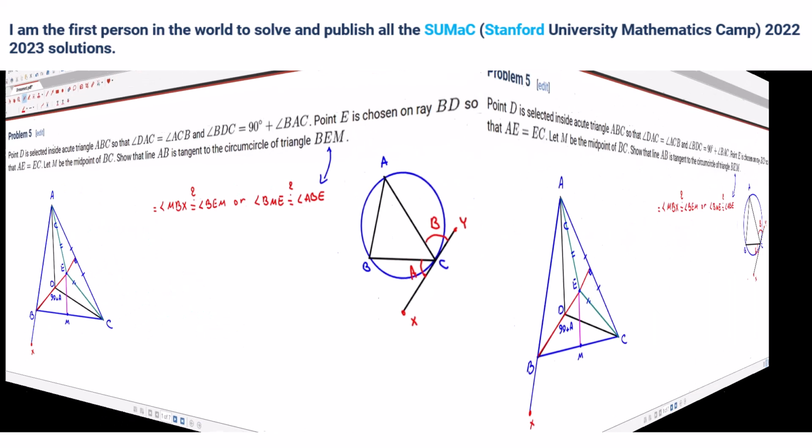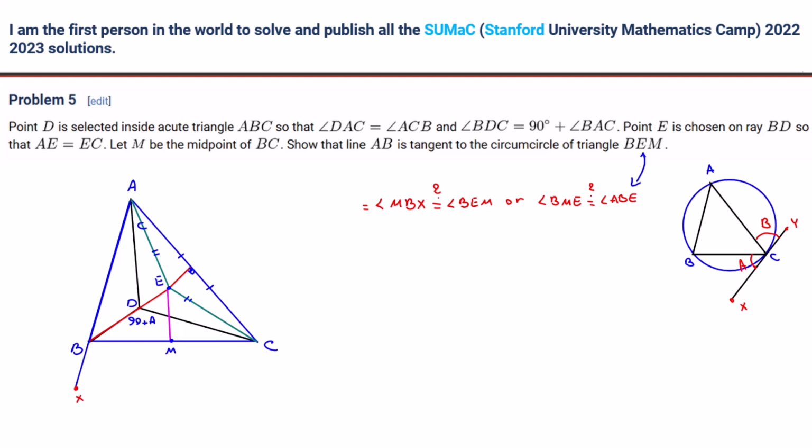It's 180 minus B, or A plus C. Because here we don't know BME or ABE, but here at least we know this. So let's focus on this. If we prove BEM is equal to 180 minus B, the problem will be solved, right?